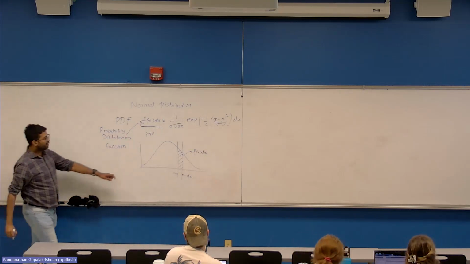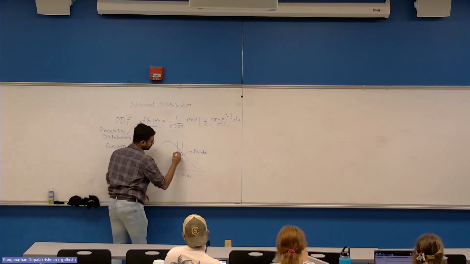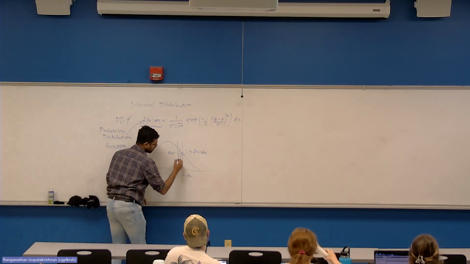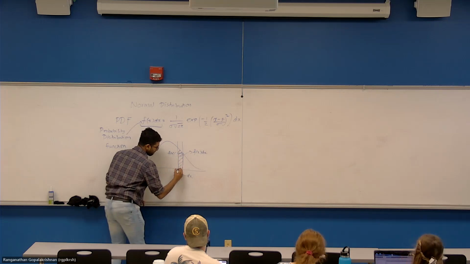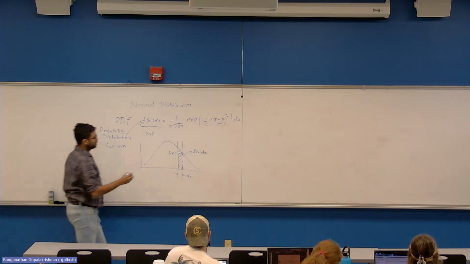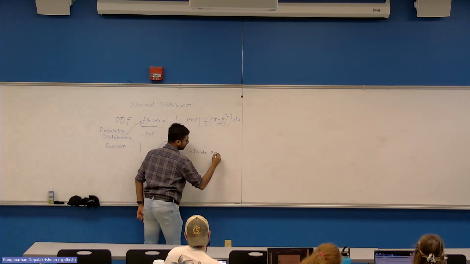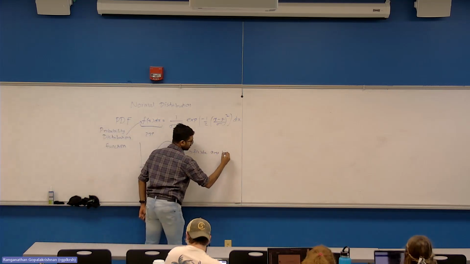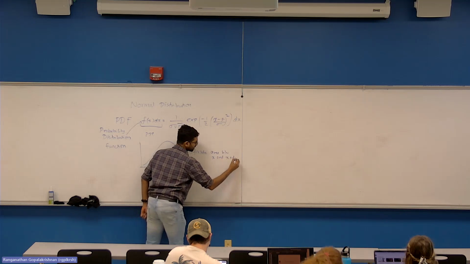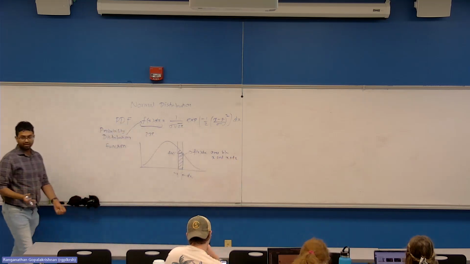First of all, from the graph, if this value is on average f of x, what is f of x dx? This is the area between x and x plus dx, the area under the curve.